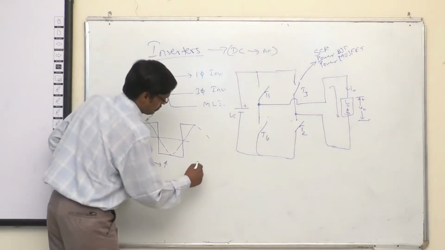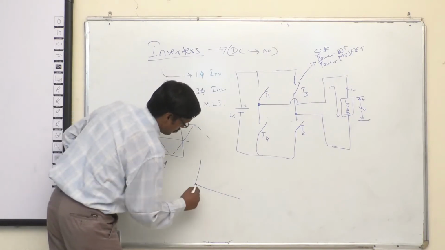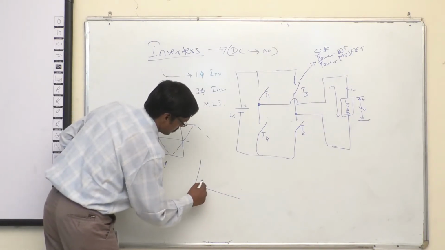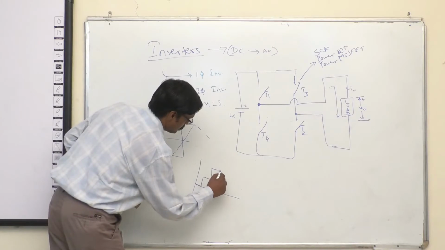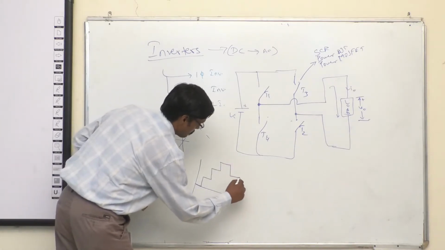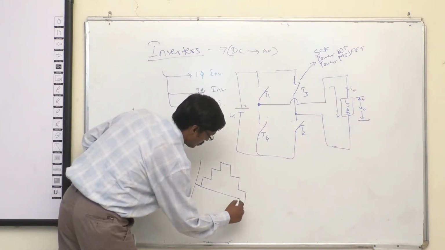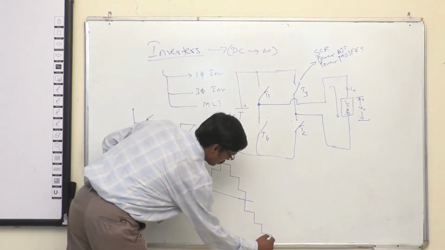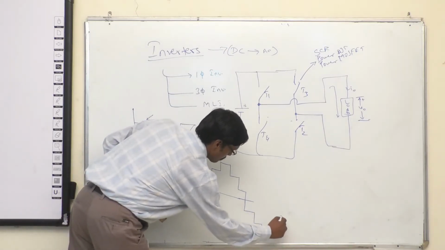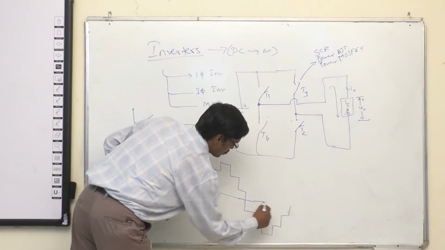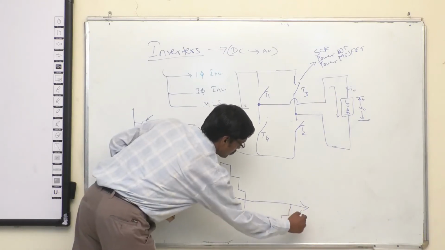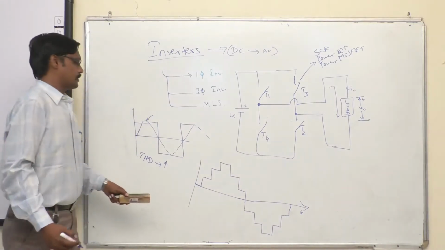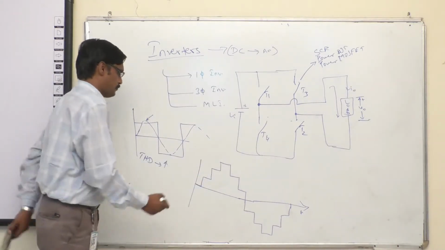In a multi-level inverter, the output waveform is going to be a stepped waveform. Here, the output voltage is a stepped waveform.